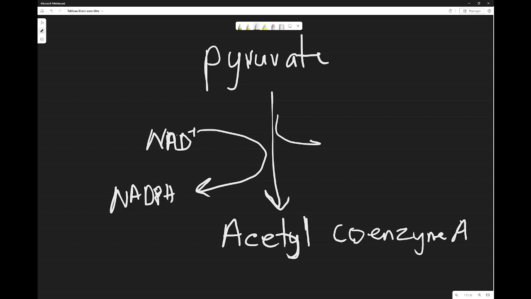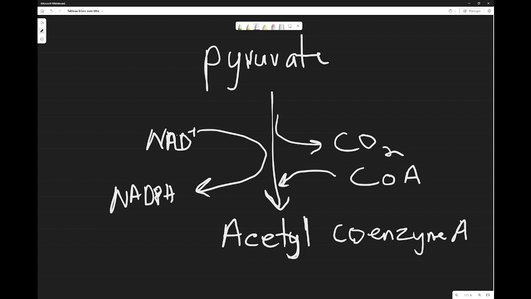This is going to release a carbon dioxide molecule as it's a decarboxylation reaction, and coenzyme A is going to be introduced into the reaction. So this is what we normally call the link reaction. So it links what's happening in glycolysis, right, to what's happening in the Krebs cycle.